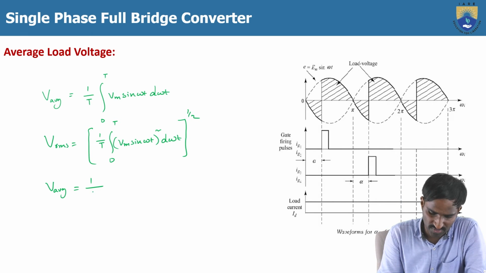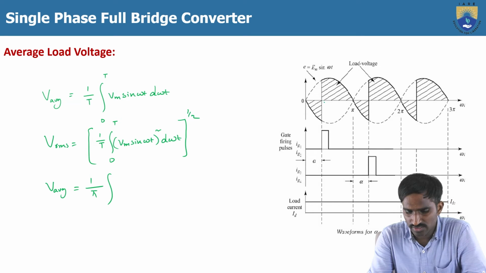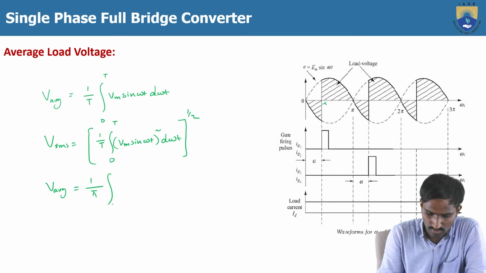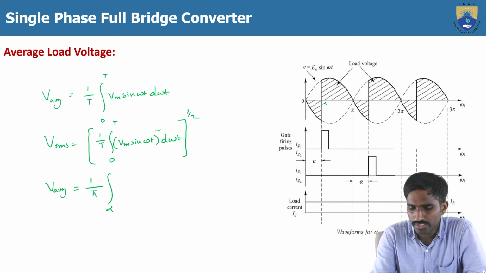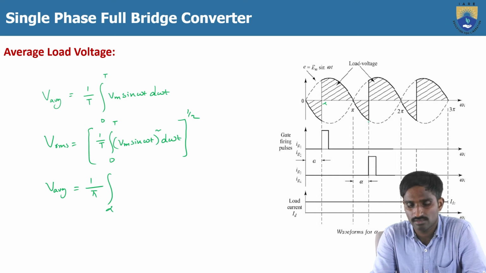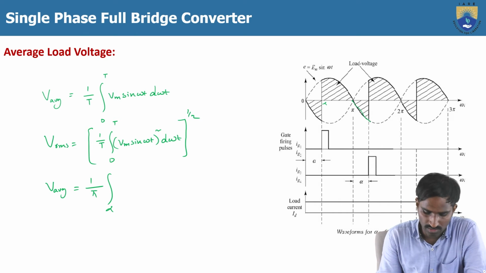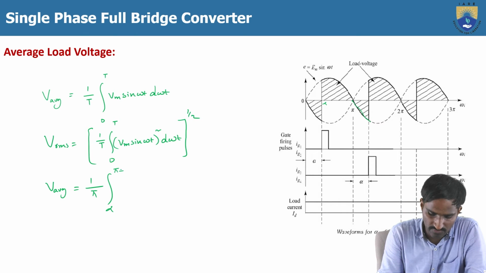So that's why here 1 by pi, and the conduction here is starting from alpha. So alpha to how long is it conducting, pi plus alpha. So that's why here it is pi plus alpha into Vm sin omega T into d omega T.